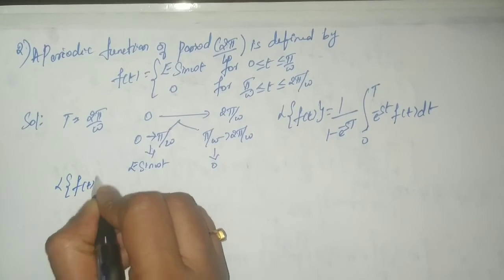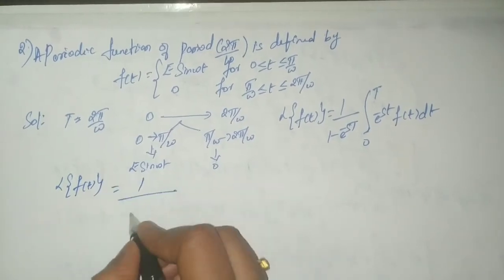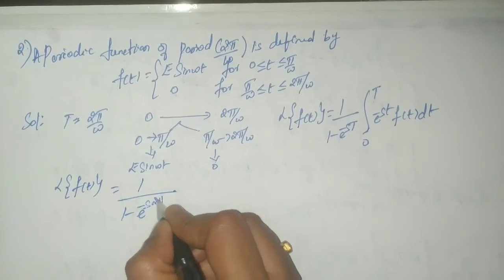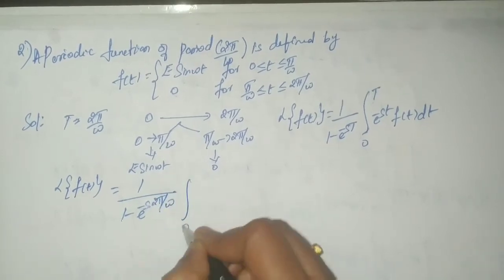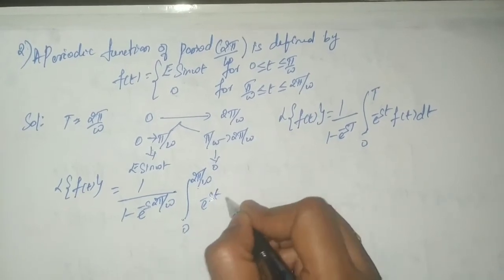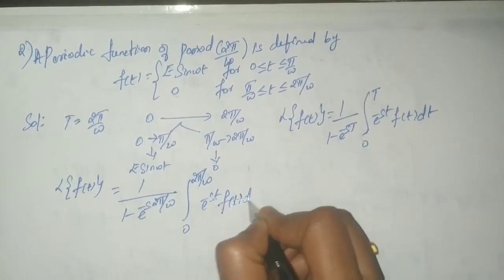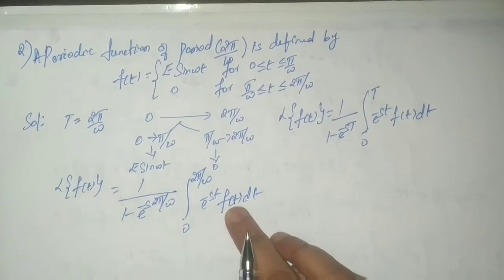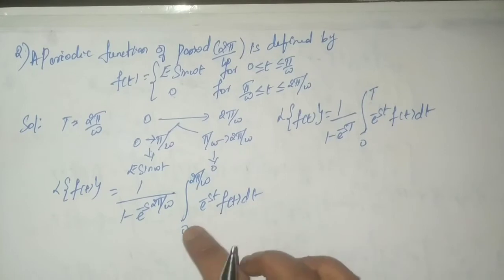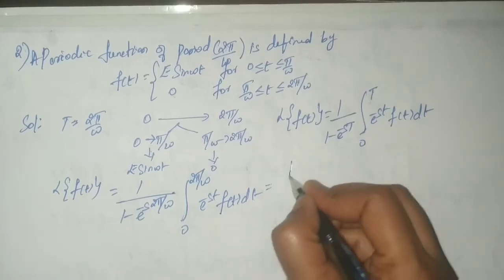Laplace transform of f of t is equal to 1 by 1 minus e power minus s T, wherever capital T is there, replace it by 2 pi by omega. Since this function is divided into 2, I am not writing it here. I have to split the limit, then we will write the function.